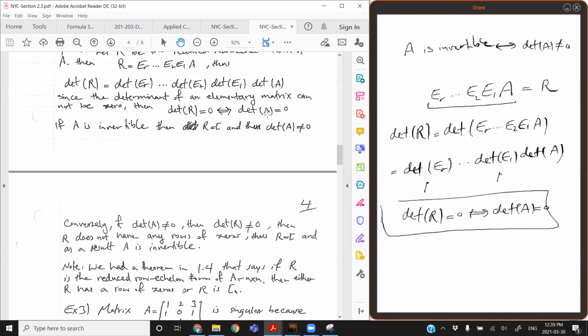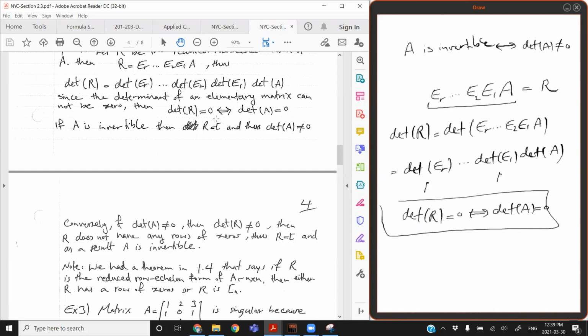Now, the other way, if determinant of A is not 0, then determinant of R is not 0. If R, which is the reduced row echelon form of A, has a determinant that is not 0, then automatically it does not have a row of zeros. You agree? Because if it has a row of zeros, the determinant would be 0. If it doesn't have a row of zeros, then every row begins with a leading 1.